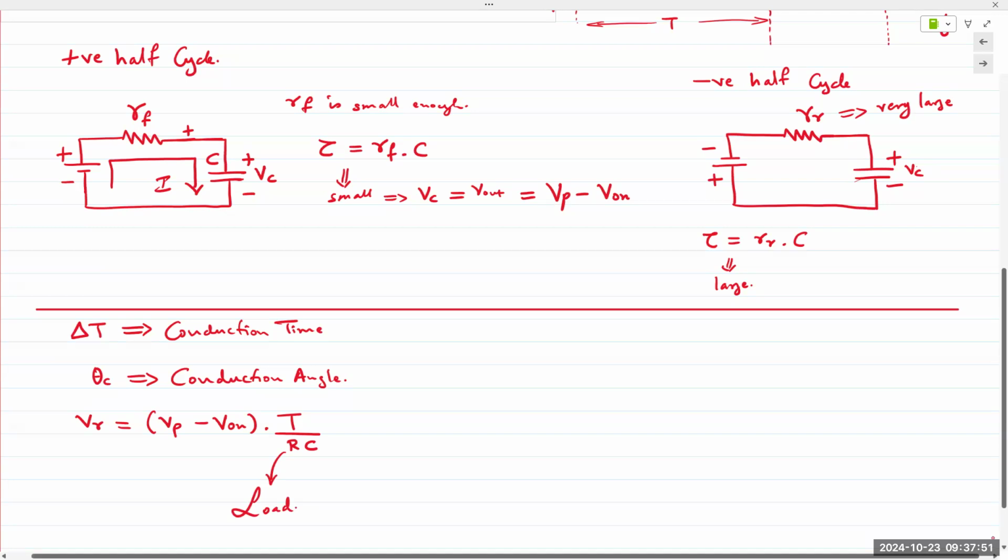And so as an engineer, you would be designing a supply to work with a specific load, or if you're designing a generic power supply, you'd be designing it to work with a wide range of loads. Typical power supplies, for instance, back in the day, we used cordless phones.